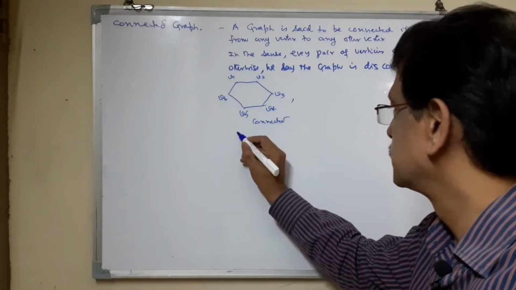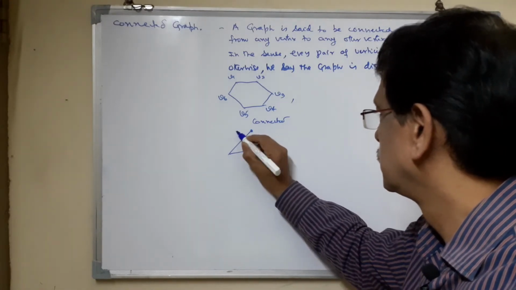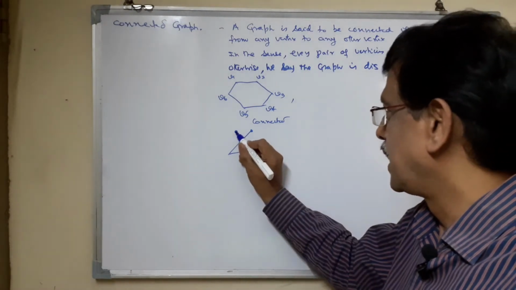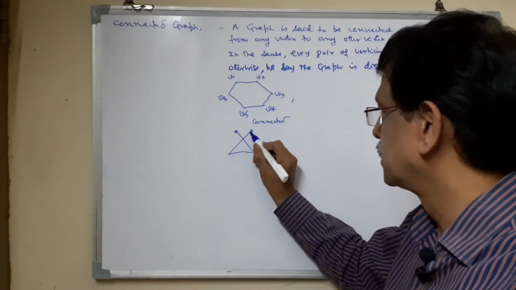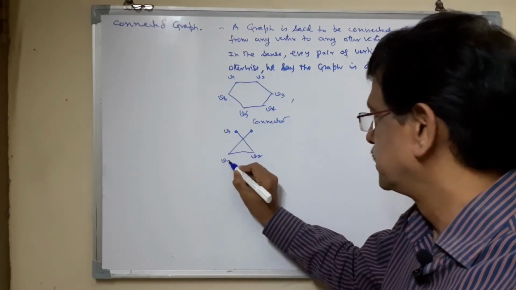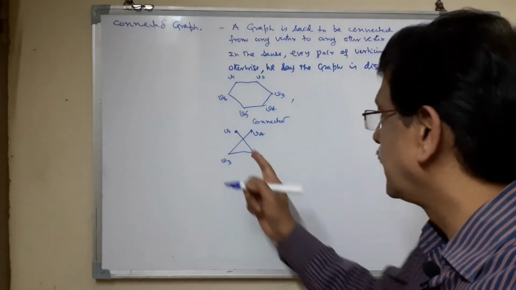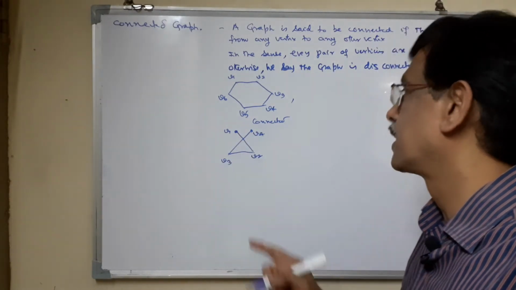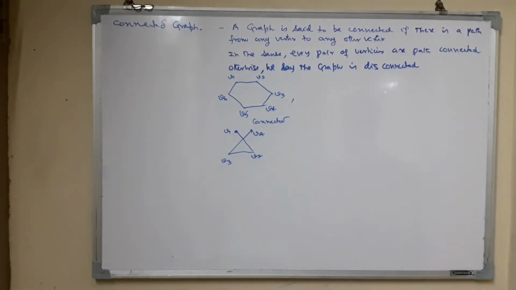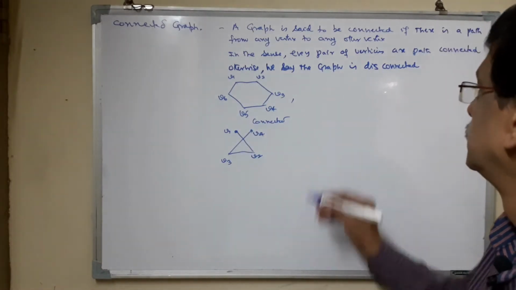One more example is connected. You can come from here to here, here to here. So it's V1, V2, V3, V4. You may feel that V1 and V4 are not connected, but they are connected through V2, V3. So they are connected graphs. This is a closed connected graph. This is an open connected graph.